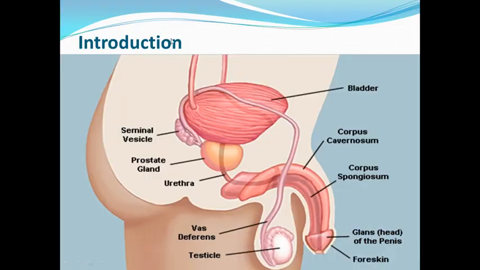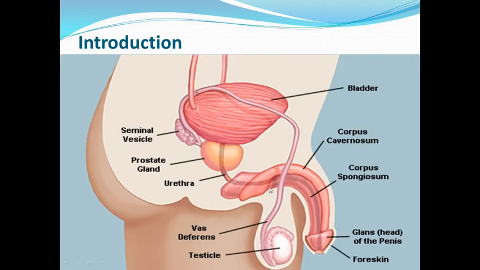What is the penis? In this figure you can see my cursor moving along the penis. To define the penis, you have to write that the penis is the male copulatory organ, or the male organ of copulation, which has two parts.